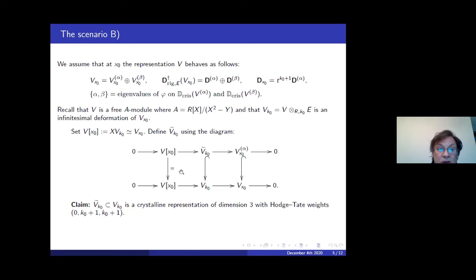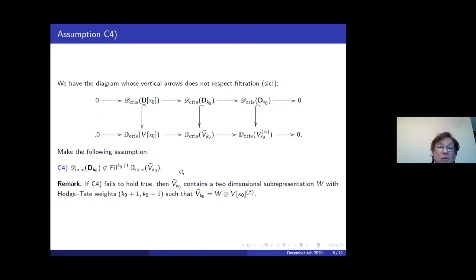Now we make an important assumption on the behavior of this deformation. So consider the following diagram. The bottom line is just the exact sequence provided by the definition of V tilde K0.